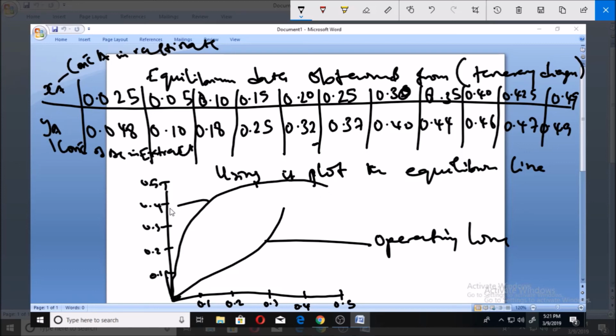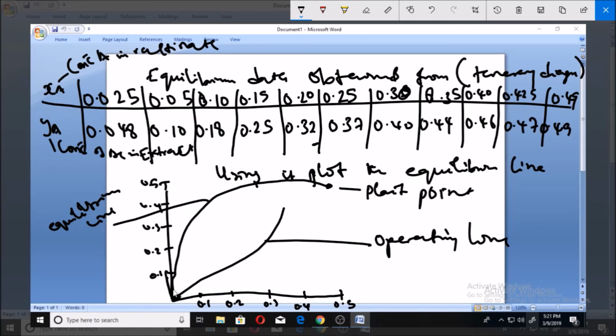So this is the equilibrium line or curve, and the place where it ended here, call it the plate point.